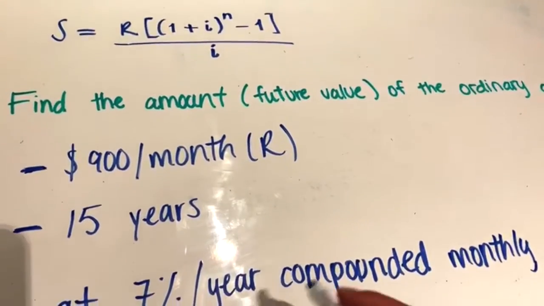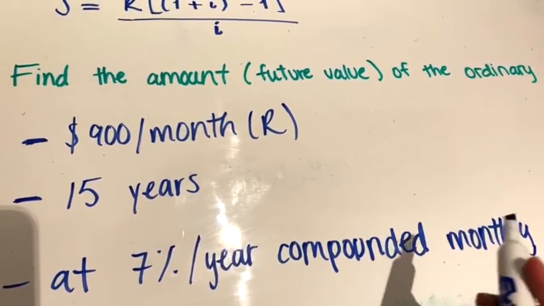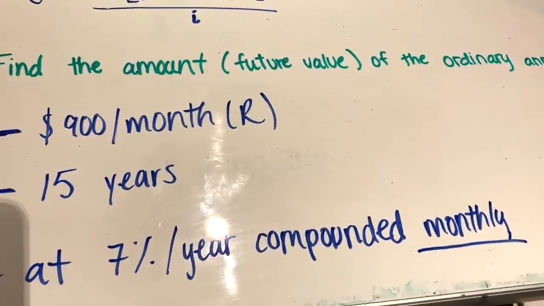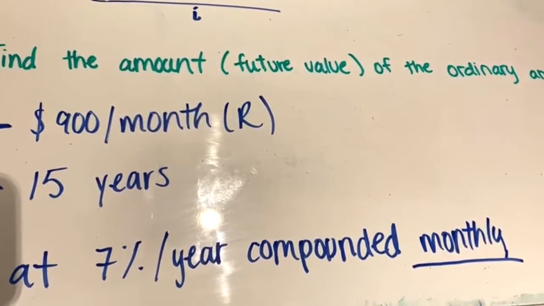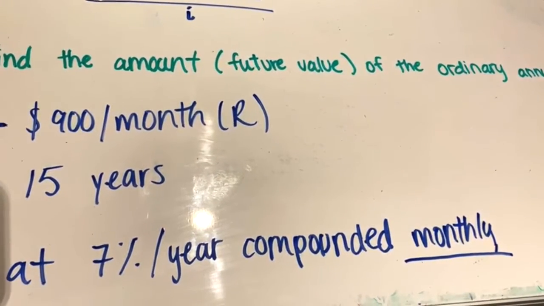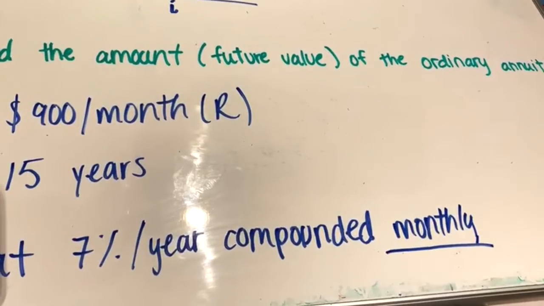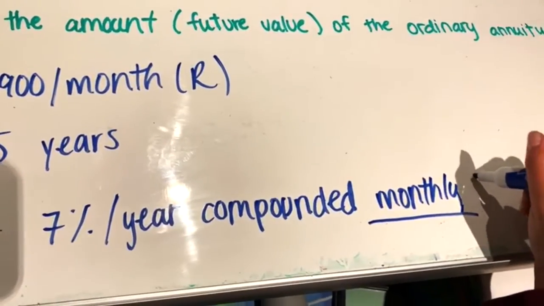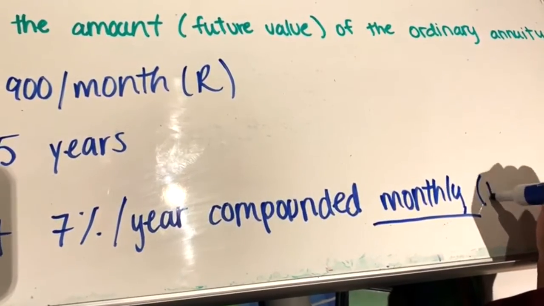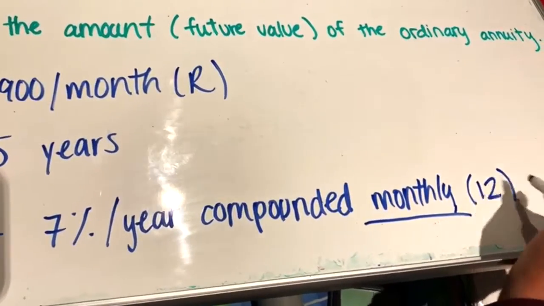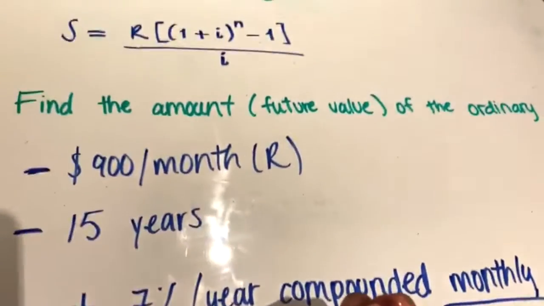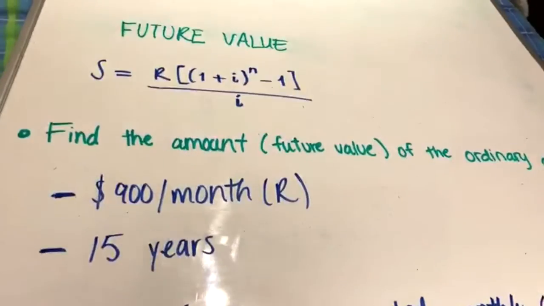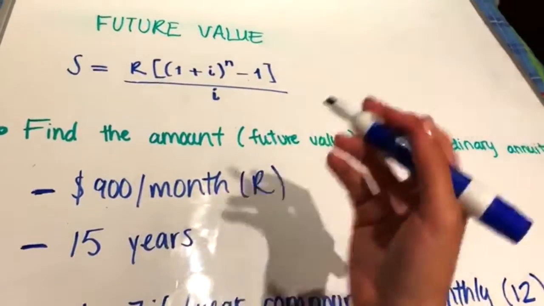I think it's important to remark that, whichever word they give you in terms of time, whether it's monthly, quarterly, etc., you need to know what number that word represents. In this scenario, monthly is represented by 12 months per year. Now that we have our four values, we're just going to plug them into the formula.